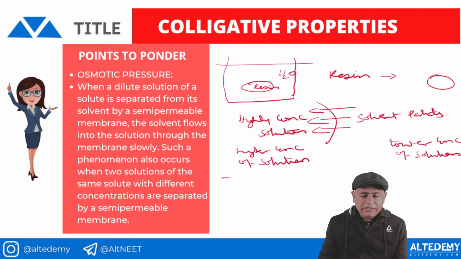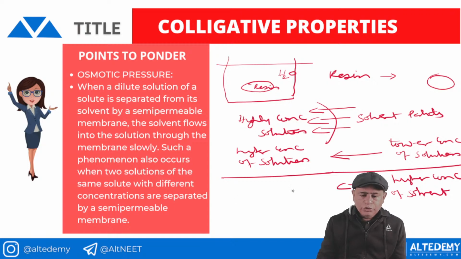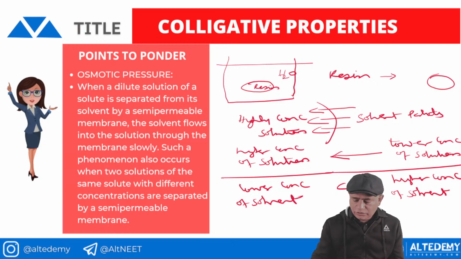And at times it is also written that in osmosis, there is a net inflow of solvent particles from higher concentration of solvent to lower concentration of solvent. We can also understand it like this.